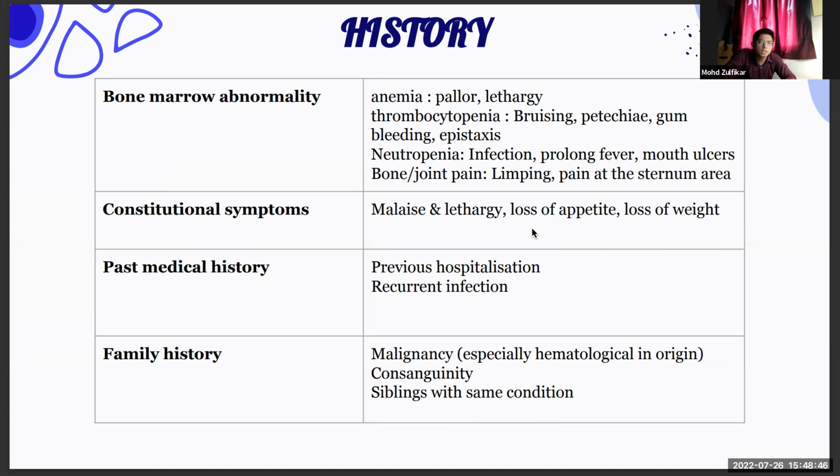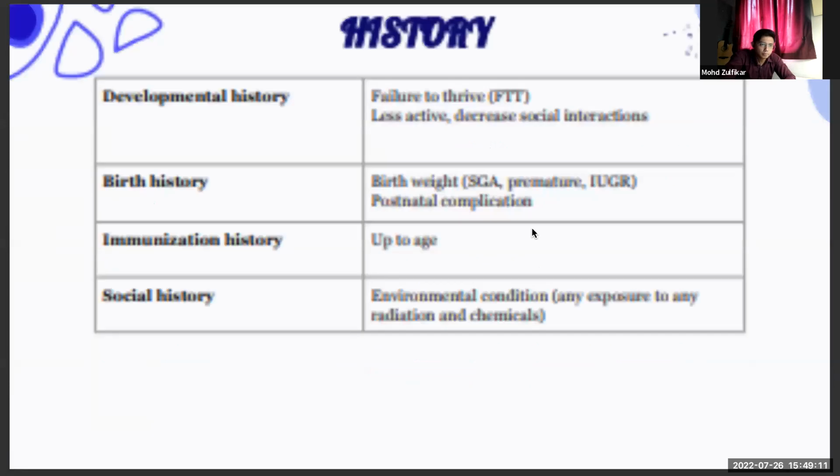For the family history, of course, we must ask about family history of malignancy, especially hematological malignancy. It is also important to ask about consanguineous marriage and siblings who have the same condition. Next slide.